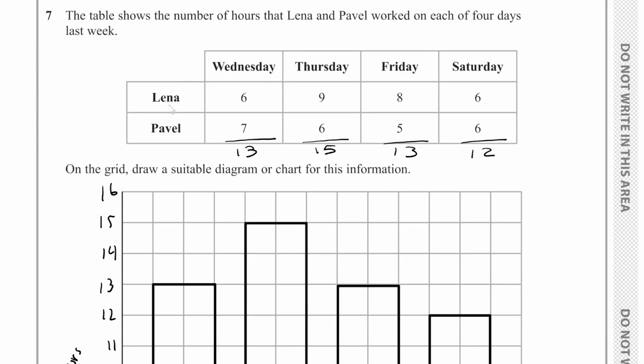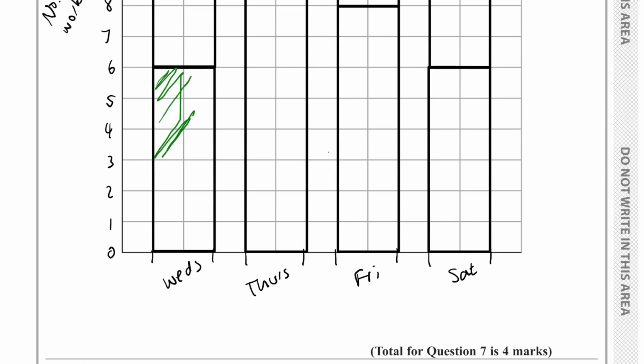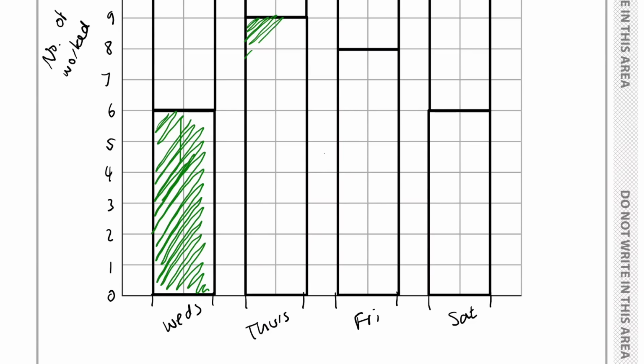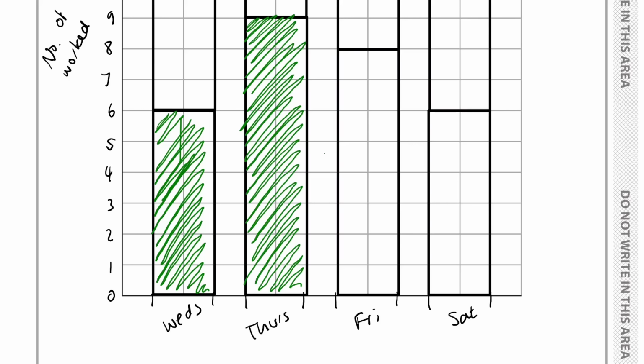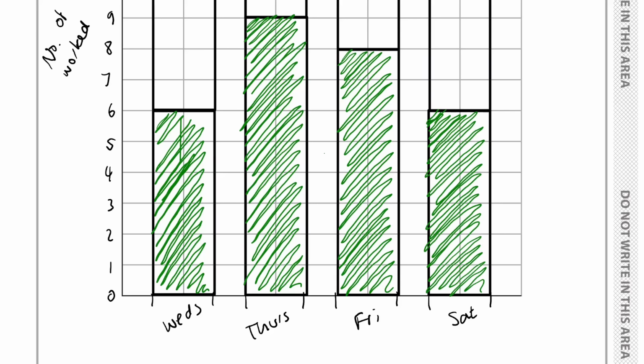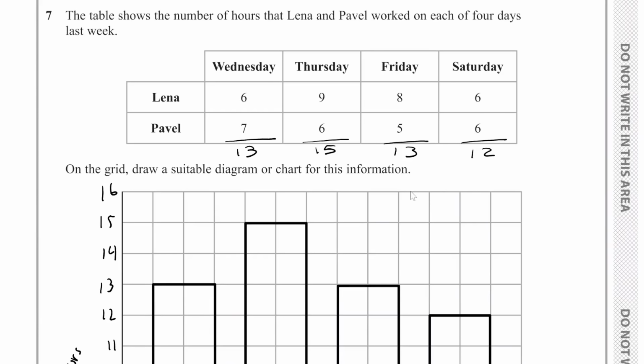So if I do all of Lena's in green, so if I give it a bit of a shade, and I'll leave the others in white, and I'll just do a key.